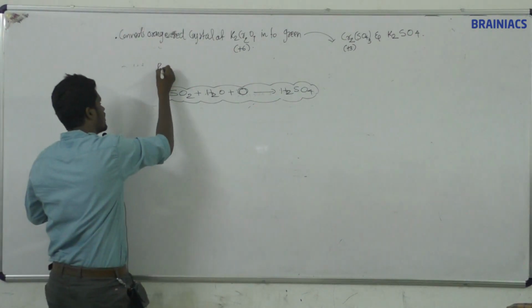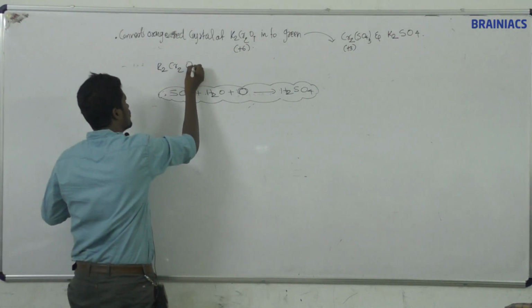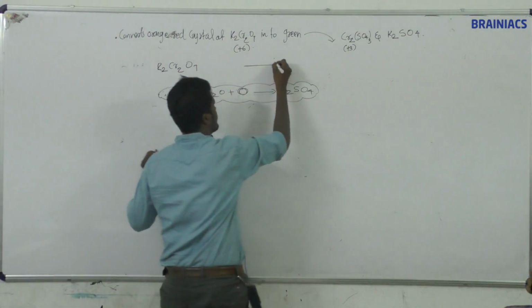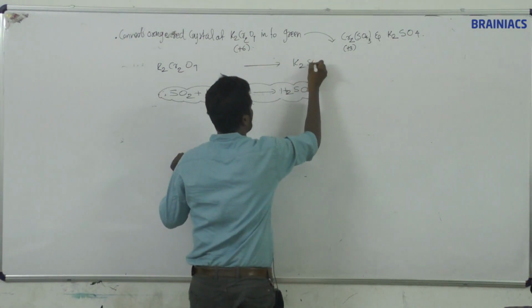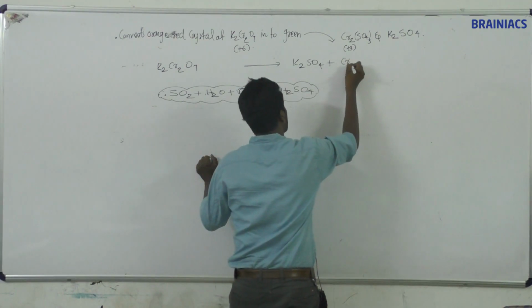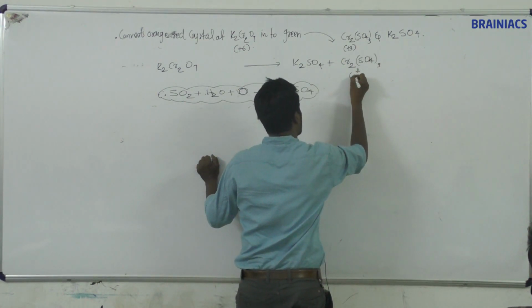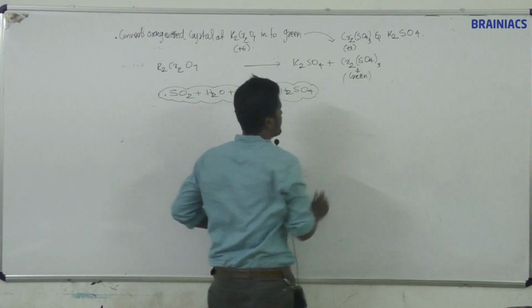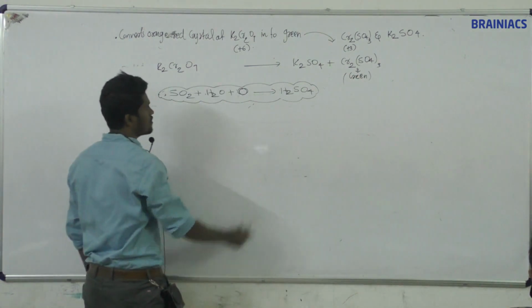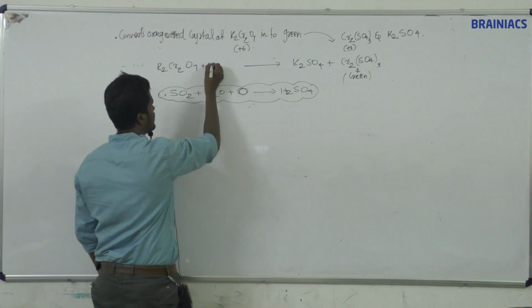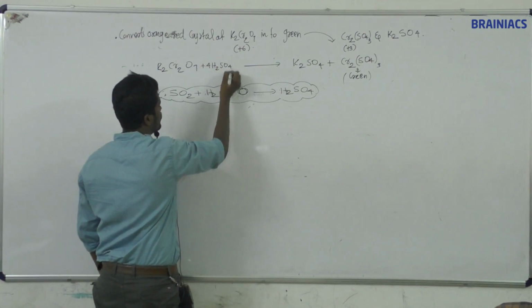So here, K2Cr2O7 gives what? K2SO4 plus Cr2(SO4)3, the green colored one. How many H2SO4 are used? 4, so it is plus 4 H2SO4.